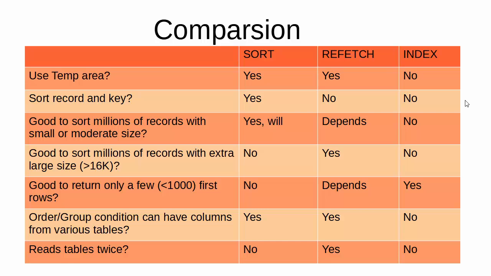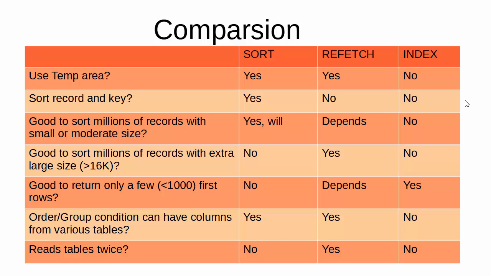And index, no. Order index simply is not good for sorting and returning a lot of records. Because the index, yes, is pre-sorted, so you are just accessing it. But if you need to access like the whole table, it will be slower than sorting the table.